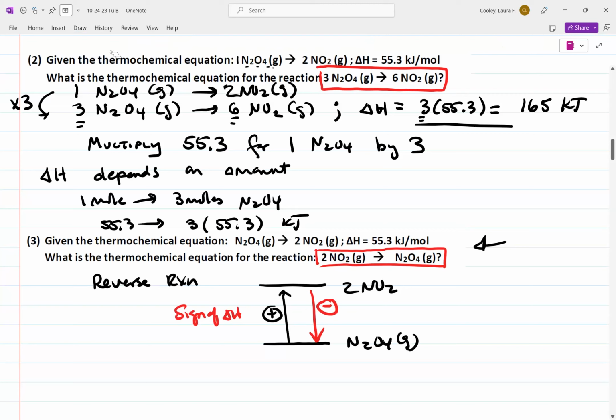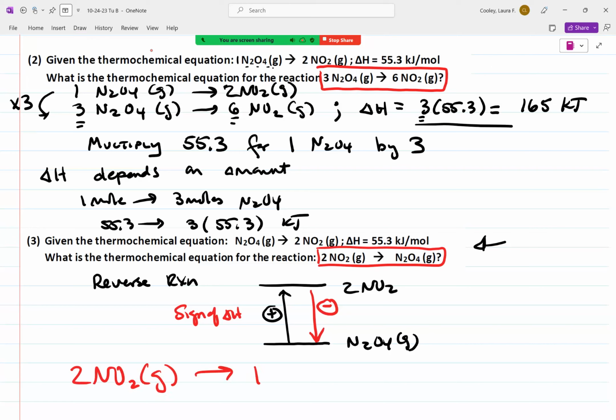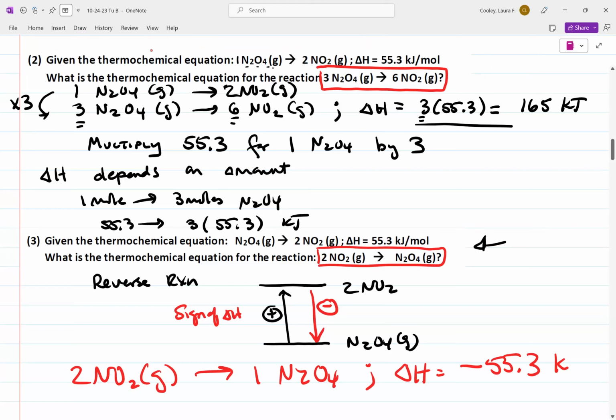So for this one, I'm just going to put my colon here. I'm trying to be quick, but it's not working. So 2NO2 goes to 1N2O4. Delta H is negative 55.3.